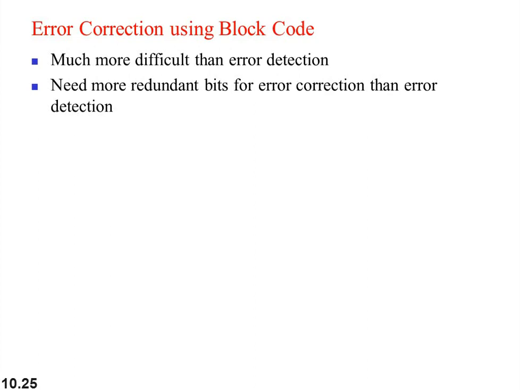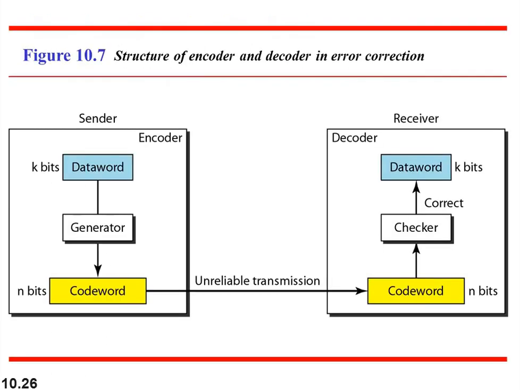Now error correction using block code is much more difficult than error detection. It needs more redundant bits for error correction than for error detection. We have already seen the structure of the encoder and decoder for error correction.